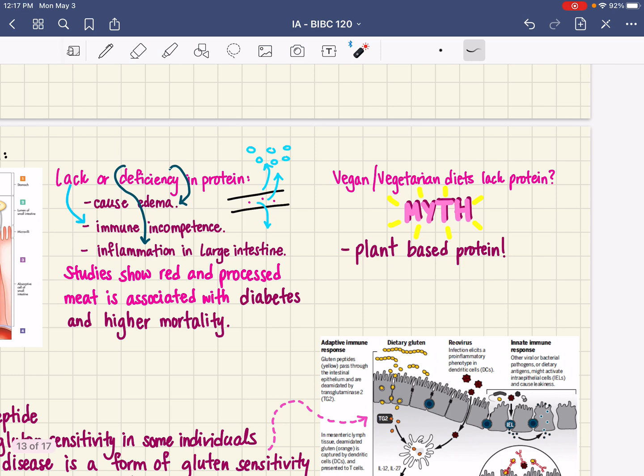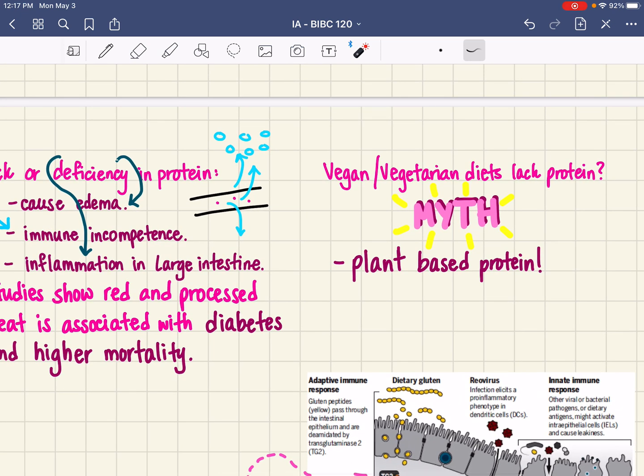Another topic that we touched upon was the myth that vegan and vegetarian diets completely lack protein. And that is not true, right? Because there is definitely plant-based protein.